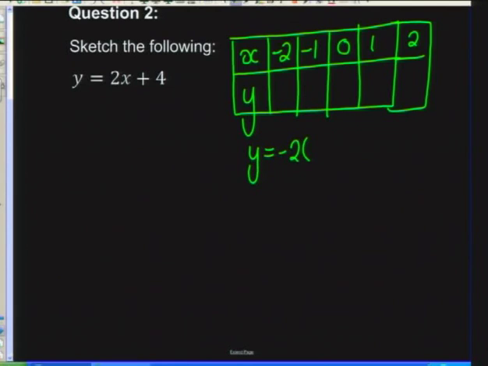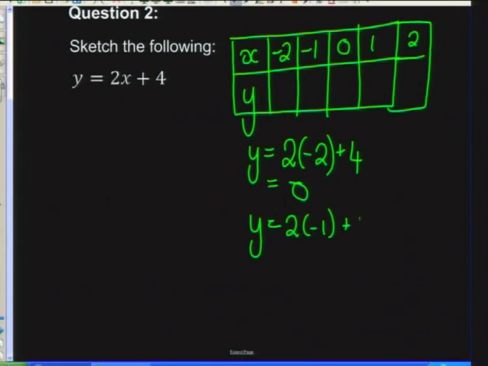Let me just take that out. It's not negative 2, sorry. Positive 2 is the equation. So positive 2 times x, which is negative 2, plus 4. That's giving me negative 4 plus 4, so there I've got 0. If I substitute negative 1 into my values for x, that's giving me negative 2 plus 4, which is giving me positive 2. So that was 0, that was 2.